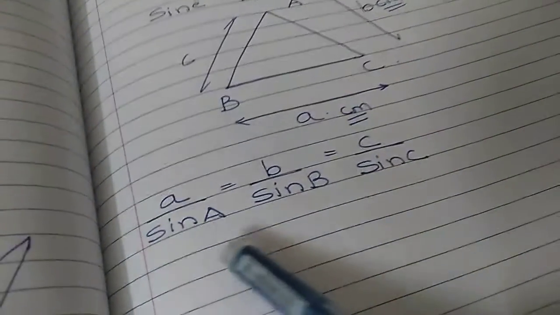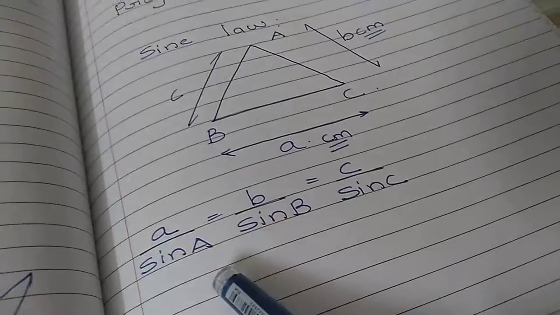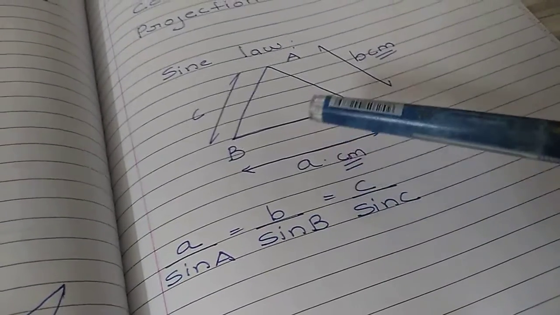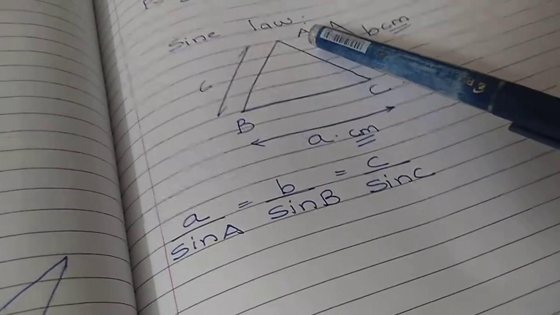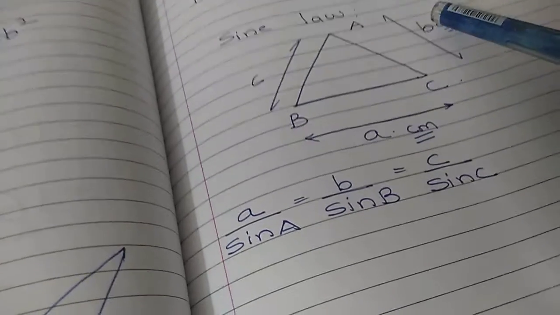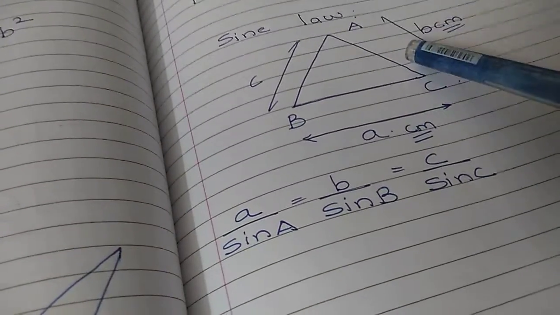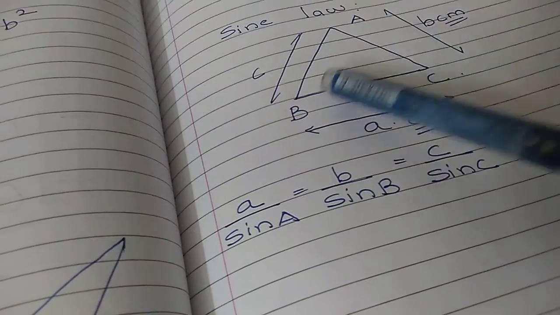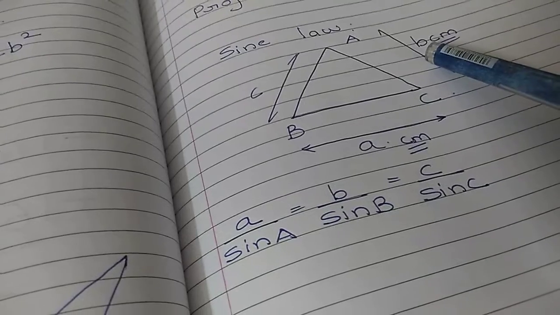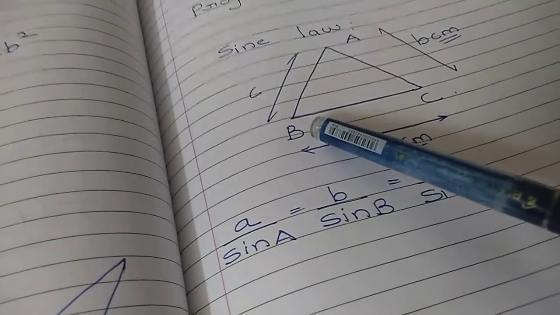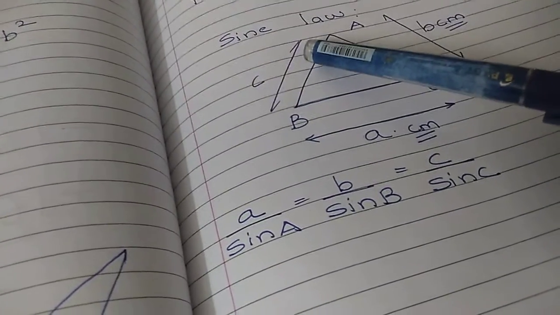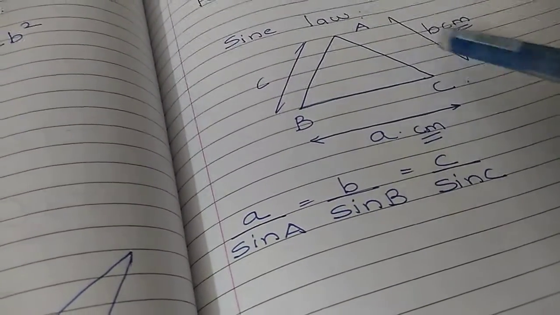A upon sine A: what you see is side A is opposite to angle A. Similarly, side B, AC, is opposite to angle B. So B is the name given to the side which is opposite to angle B, and C is the name given to the side which is opposite to angle C.